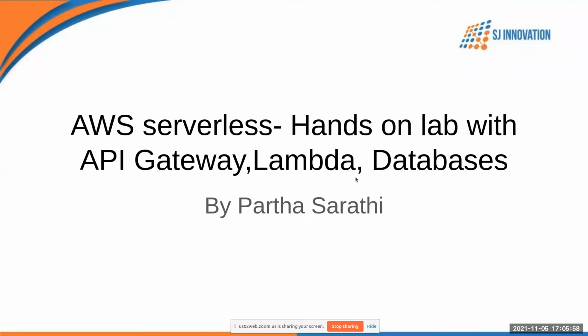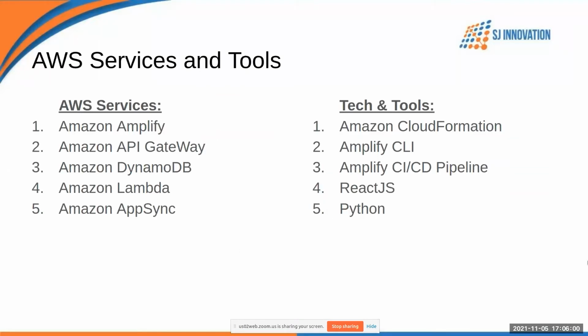The services we will be using today are Amazon Amplify, Amazon API Gateway for REST APIs, Amazon DynamoDB for our data storage, Lambda for serverless functions and all the computation logic, and AppSync, which we will be using to handle our database operations.